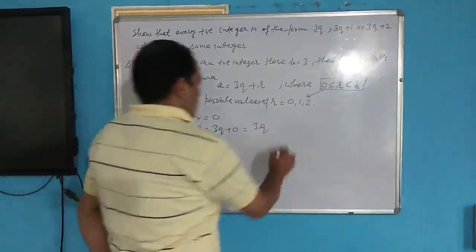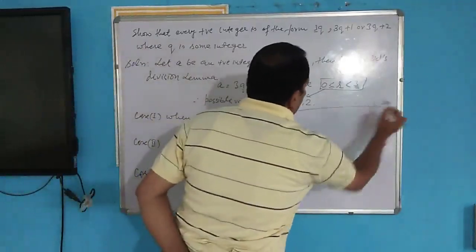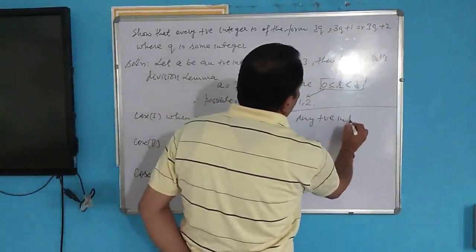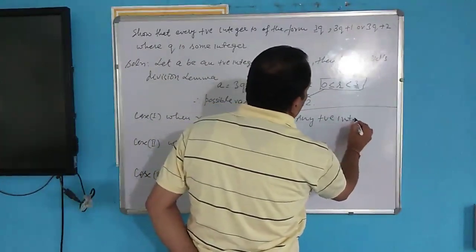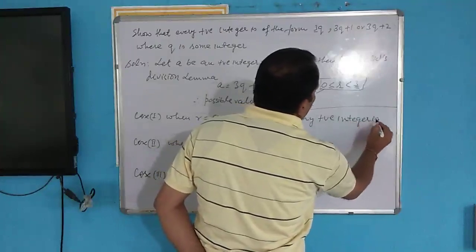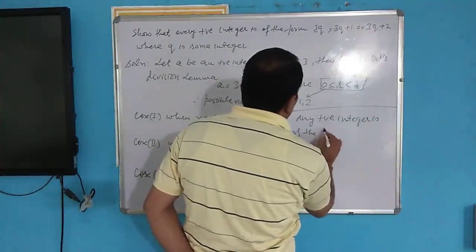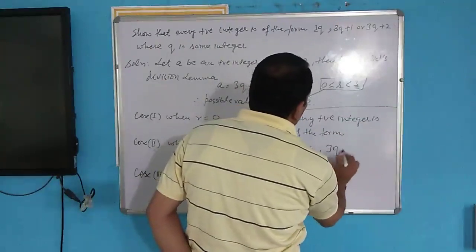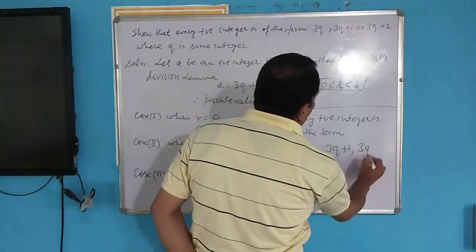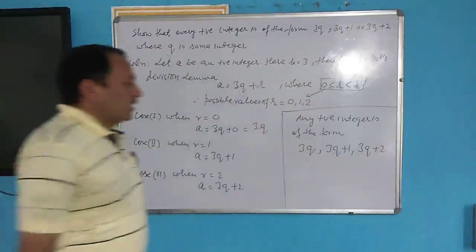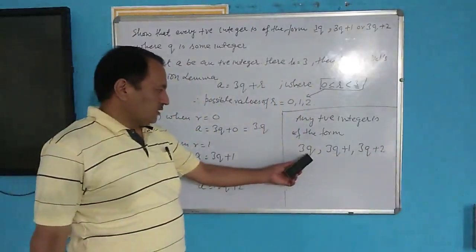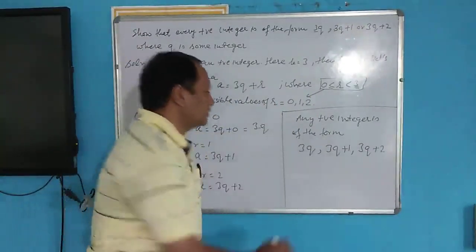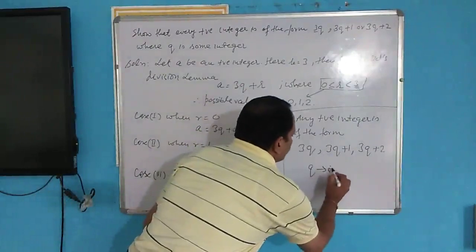So any positive integer is of the form 3q, 3q plus 1 or 3q plus 2. So any positive integer can be taken of the form 3q, 3q plus 1 or 3q plus 2, where q is some integer.